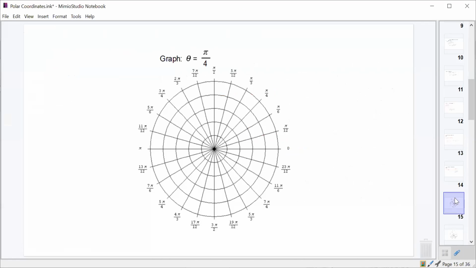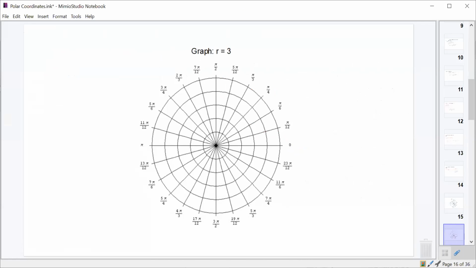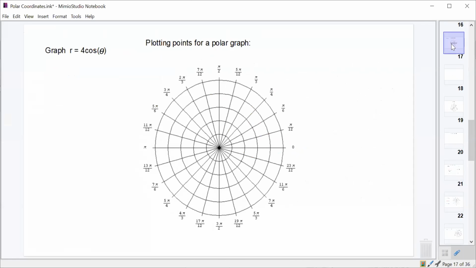All right. We already looked at the graphs of these, so we're going to ignore that for now. Let's take a look at this one. r equals 4 cosine theta. Any idea what that one's going to look like?